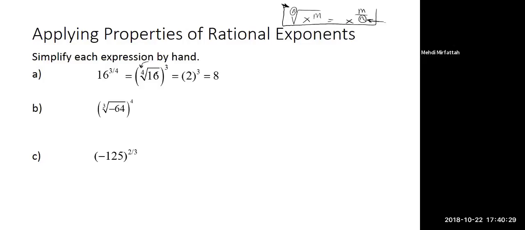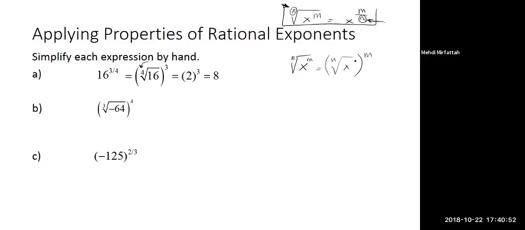Now this 3 could go right in with this 16 or be written outside of it. So in other words, if I have the nth root of x to the power of m, I can write it like this. That is the same as saying the nth root of x and then raise it to the power of m.